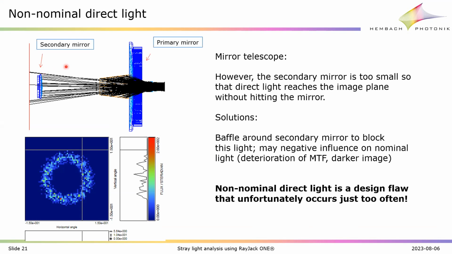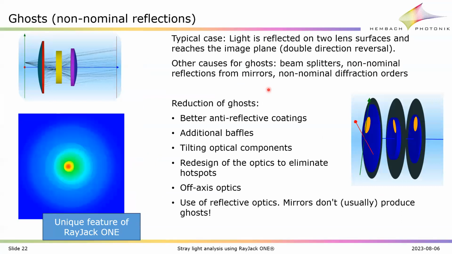Unfortunately, such problems with direct light occur almost always with mirror systems. The explanation I have is that the optical designers only care for nominal light, and they do not even look at such effects. So in this case, the solution is simple. You place a baffle around it, and then things are done. The first thing you should do in a Straylight analysis is look for this non-nominal direct light.